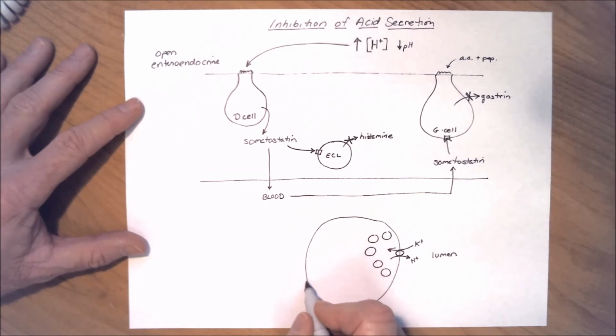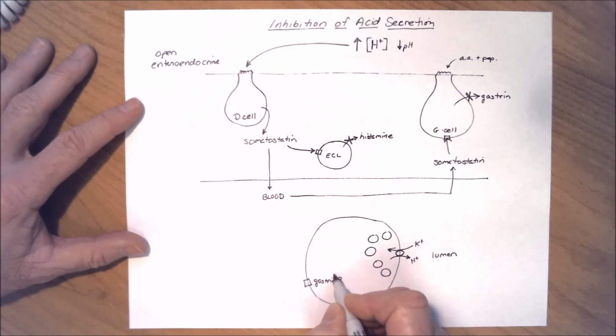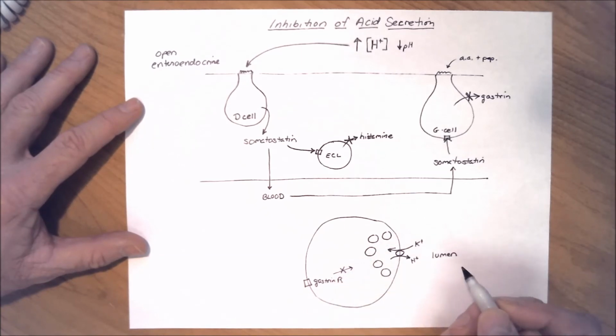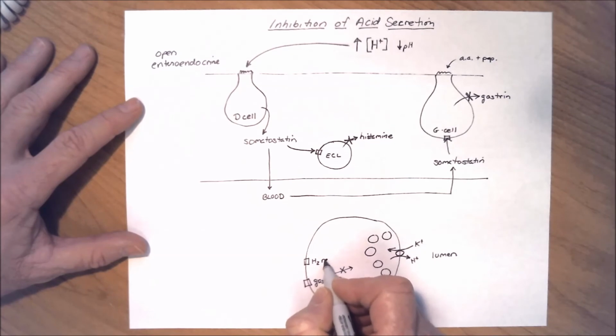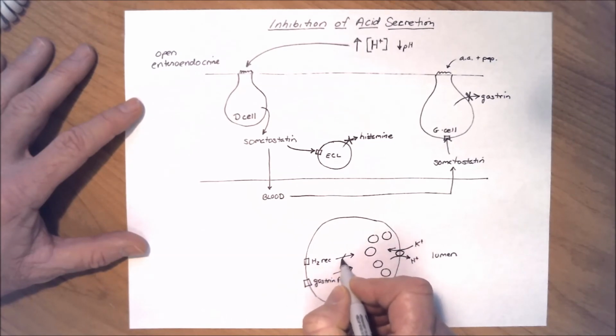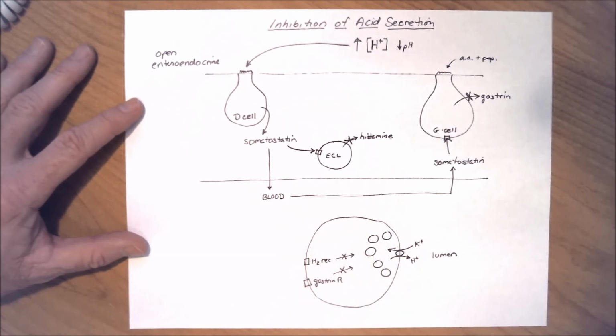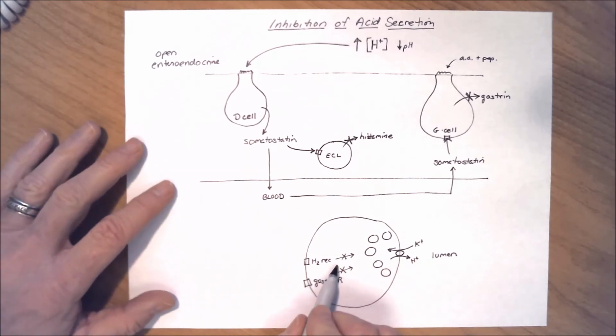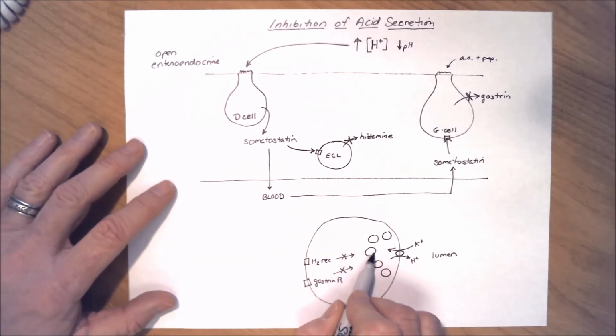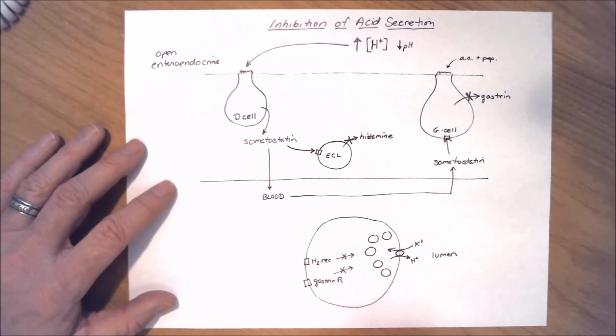If we no longer have gastrin signaling through the gastrin receptor, or signaling through the H2 receptor, because these hormones are no longer being secreted, that means that there's no stimulus to push these vesicles to fuse with the plasma membrane.